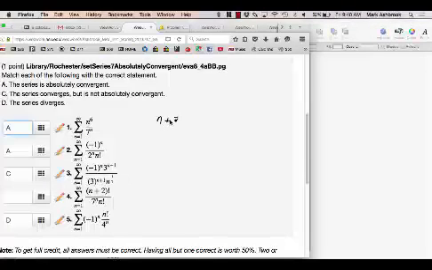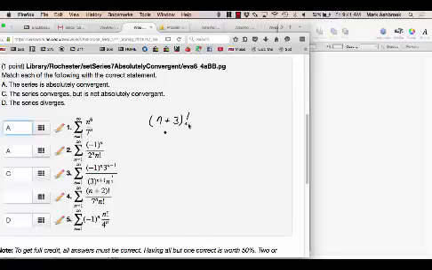It's going to be (n plus 3) factorial. Yeah, thank you. And then 7 to the n plus 1, (n plus 1) factorial. And then this will be 7 to the n, n factorial over (n plus 2) factorial.